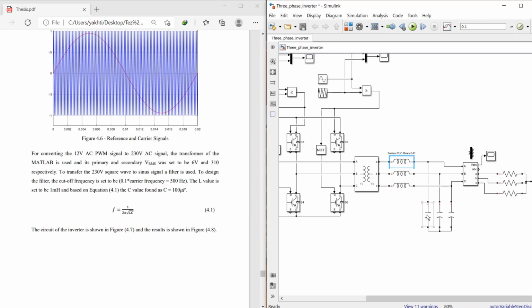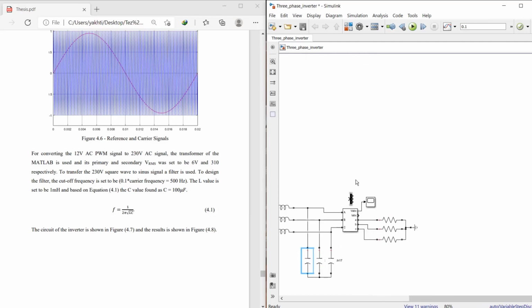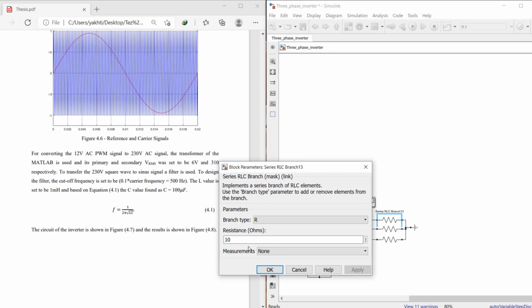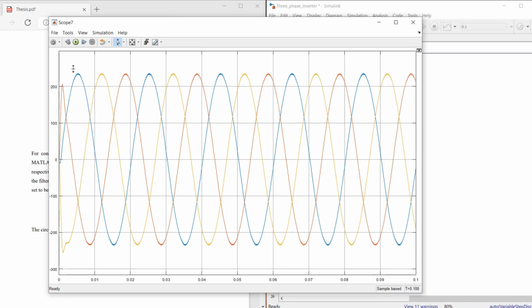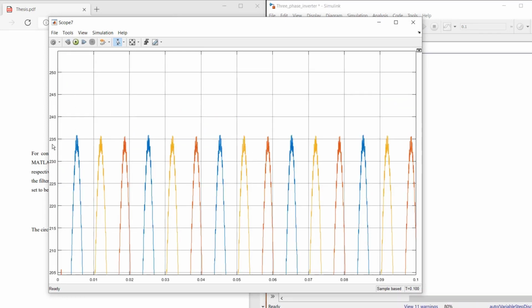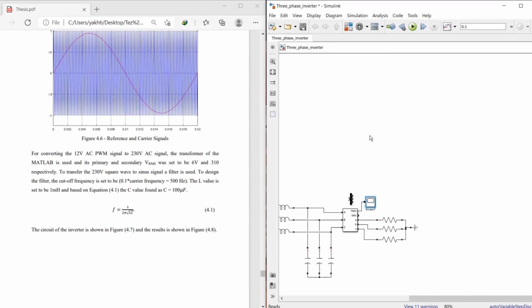By using an LC filter, as we see here, we convert it to a sinusoidal signal which has an amplitude of 230 volts. And this is the load, which is on. When we power the system, we can see that we have 235 volts for the phase to ground voltage.